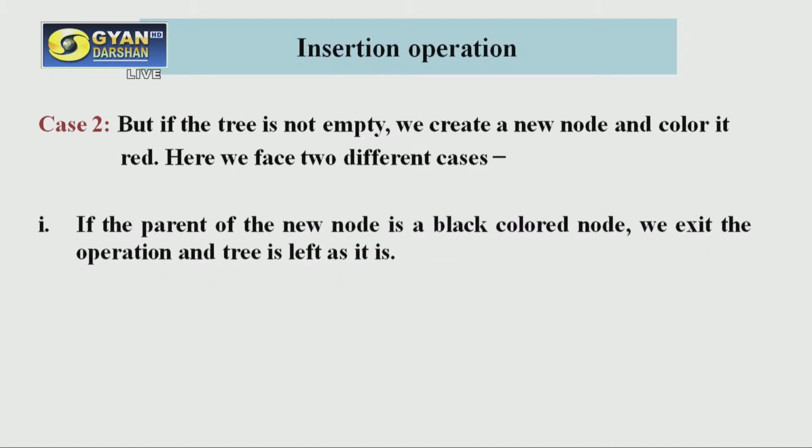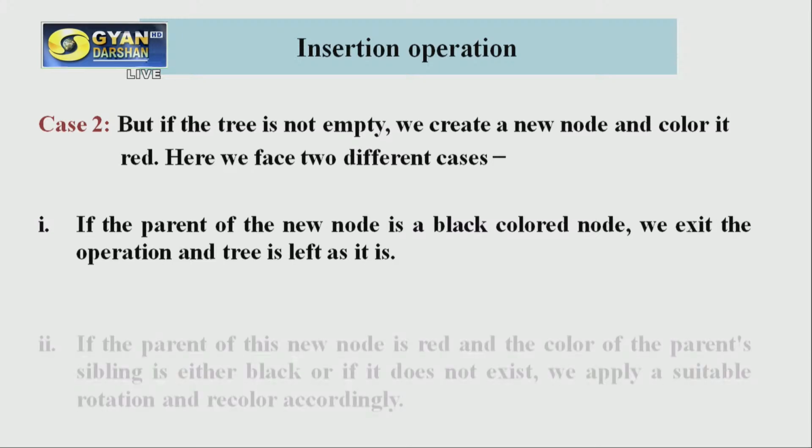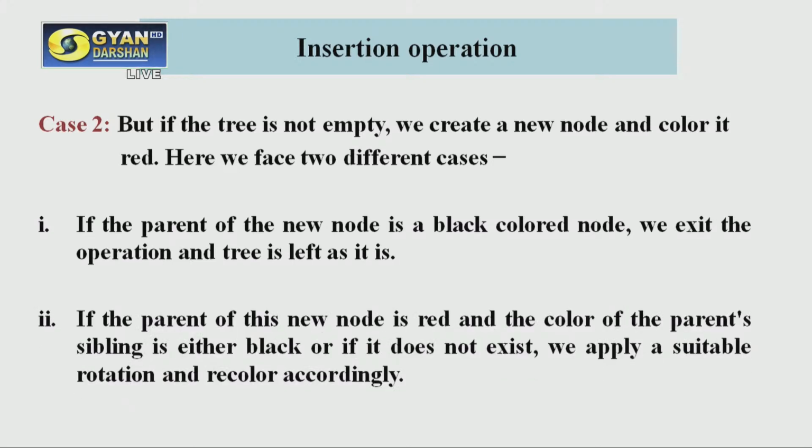The first case is if the parent of the new node is black. If the parent of the newly inserted node is black, it is not going to violate the red black tree property. But if the parent of this new node is red, for example, if the parent is red and the new node is also red, then there will be two consecutive red nodes. In that case, it will violate the property of the red black tree. So what will we do in that case?